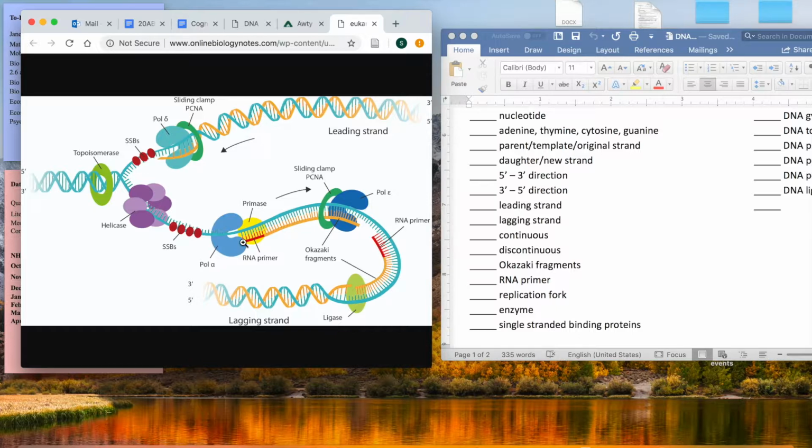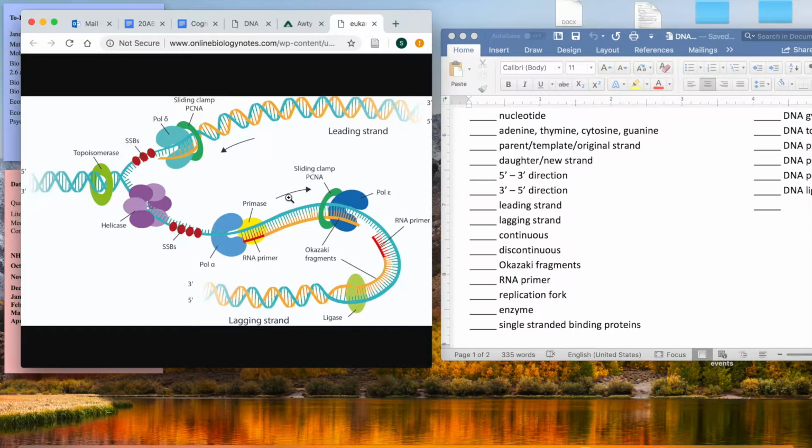And the DNA gyrase, which isn't on this picture, basically reduces the torsional tension created by the unwinding of the DNA by helicase. So basically, it does this by relaxing the supercoils that would otherwise form during the unwinding of it.